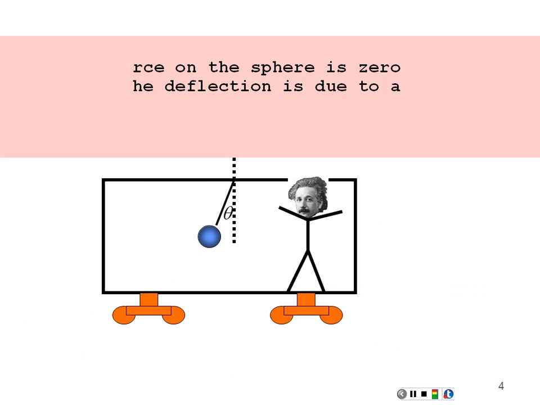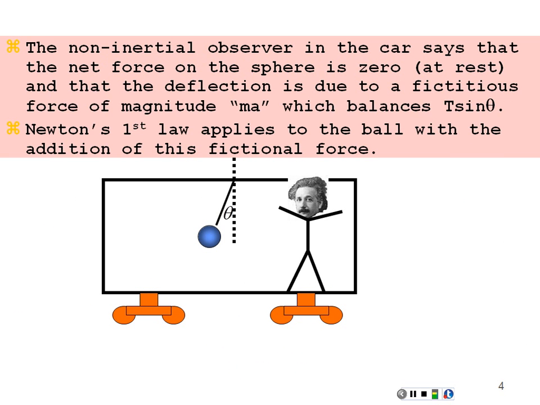If you're inside the boxcar, though, you have to make up a force which you call mass times acceleration, that is going to offset the tension force component such that this ball remains stationary.